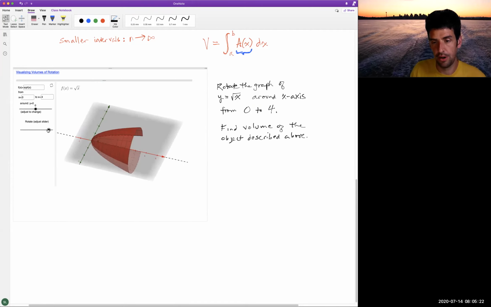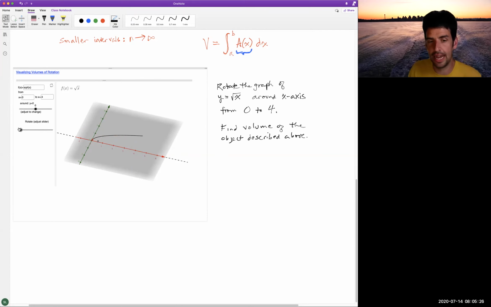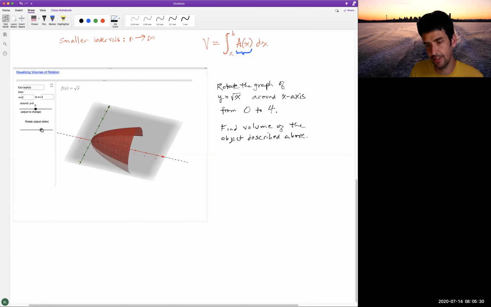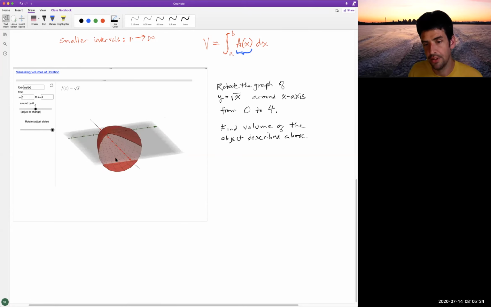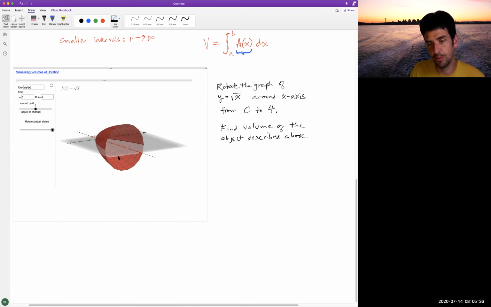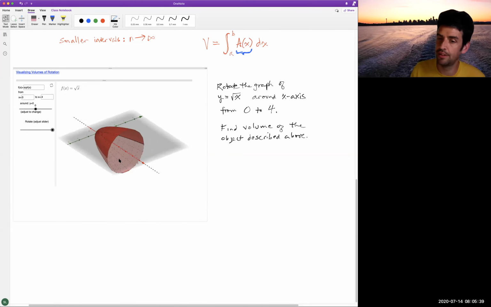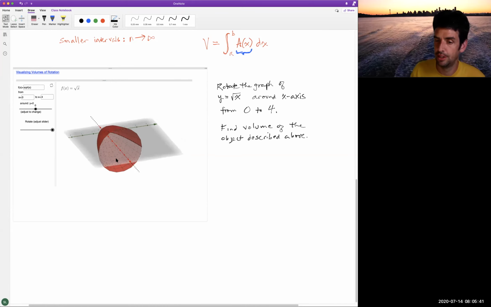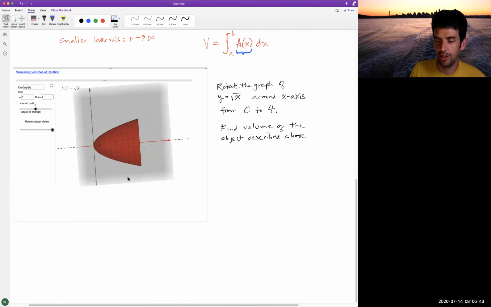Now let's do that rotation again. Now our graph, we're looking at it at an angle. If I rotate that graph around, I create this shape, right? It's like a bowl. And the volume we want is the volume that would fit in that bowl. That's the volume we're talking about. So that's the idea.